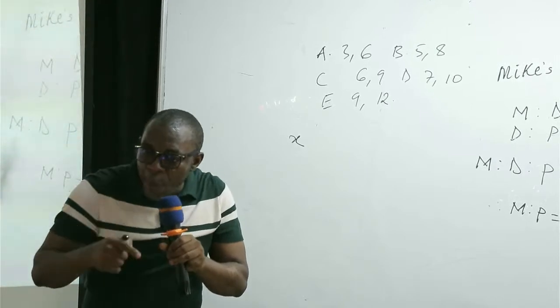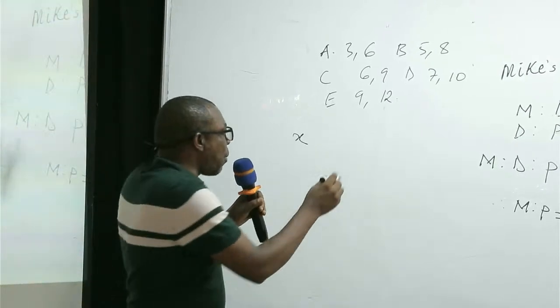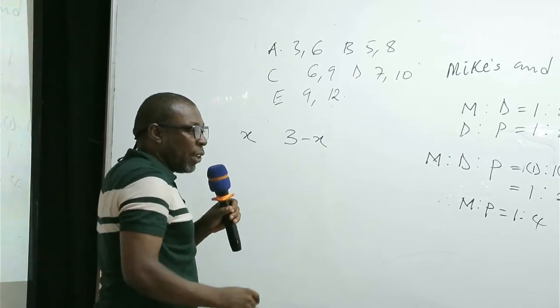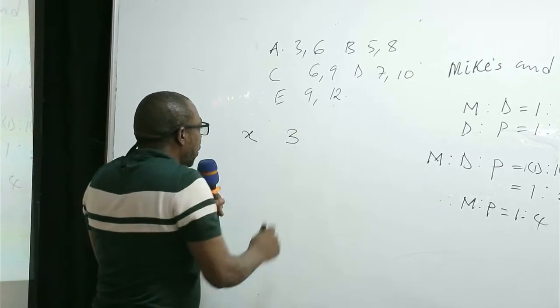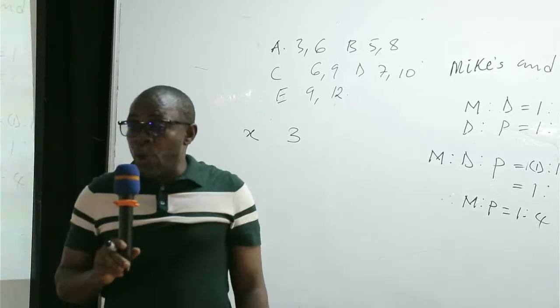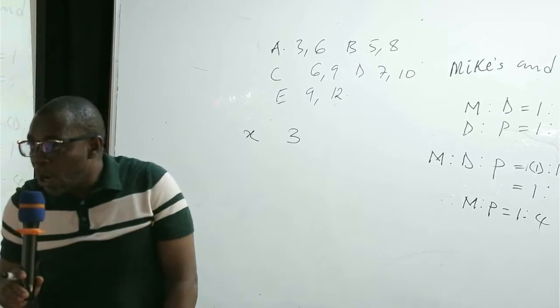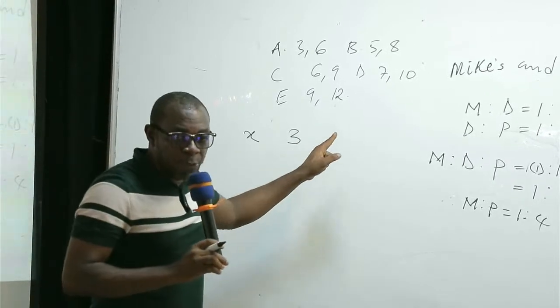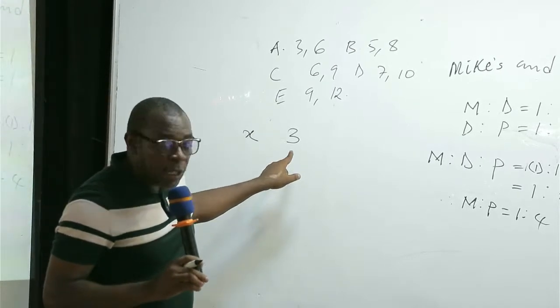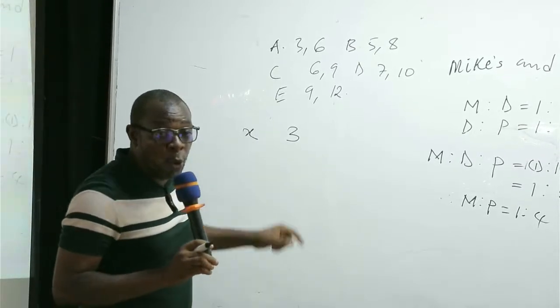If the bigger one is x, the smaller one will be x minus 3. Or, because they said natural numbers, we are working with natural numbers, it will be difficult to have that. Let's take the small number to be x.